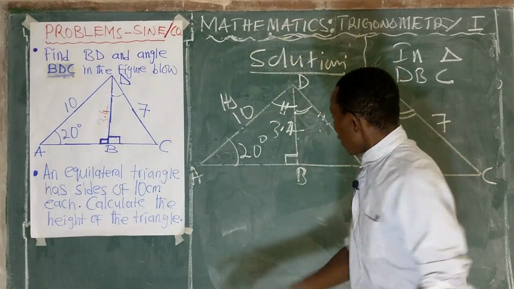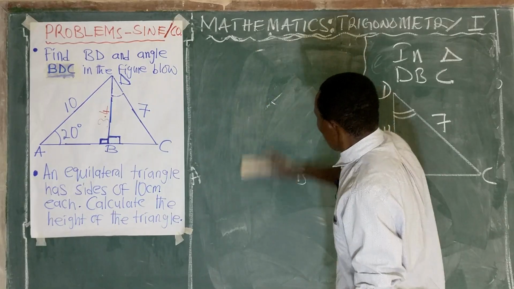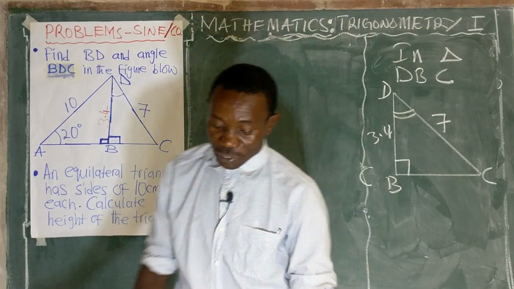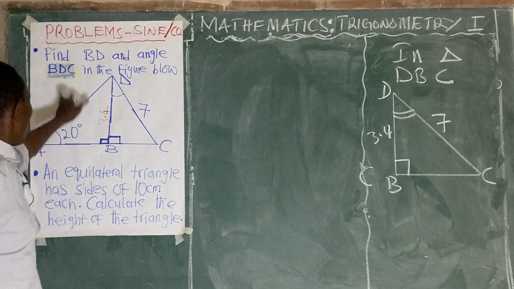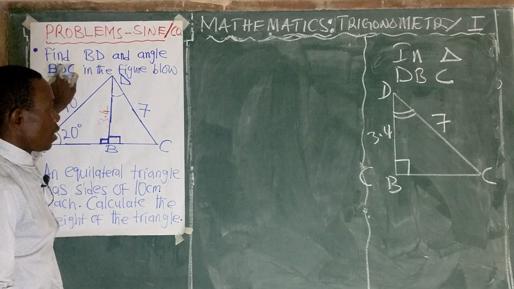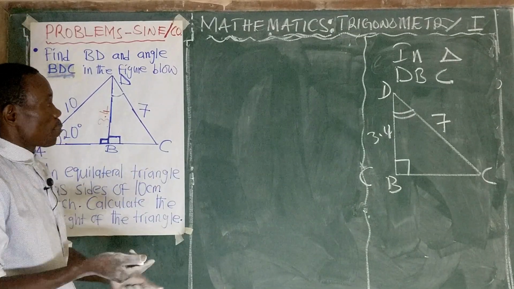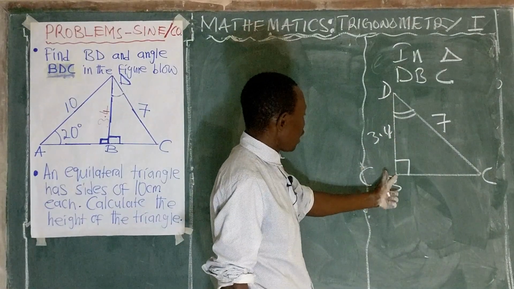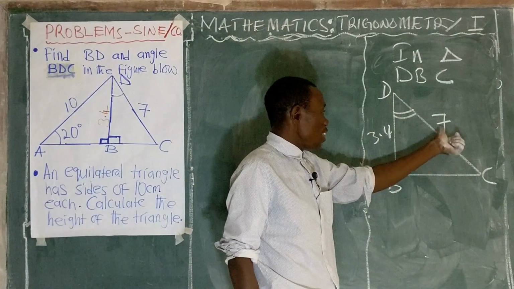Allow me to lay this one out so that we could have space and avoid the loss of lighting on the board that can distract us. So that's it about the second part of the question, angle BDC. The same explanation follows. This side we are given, and we have found it is adjacent to this angle, and this side here is the hypotenuse.